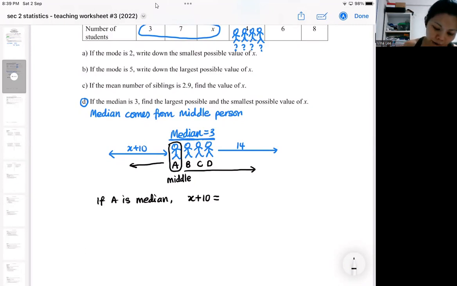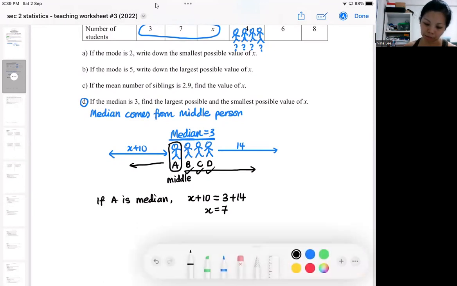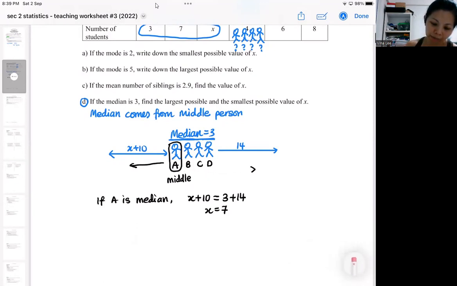So you got to count how many people are actually on the right side. You got the 3 guys here, B, C, D, and the 14. So from here, your X will be 7. Okay, so you consider A as the middle guy.